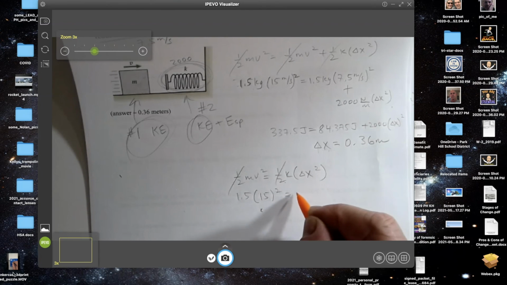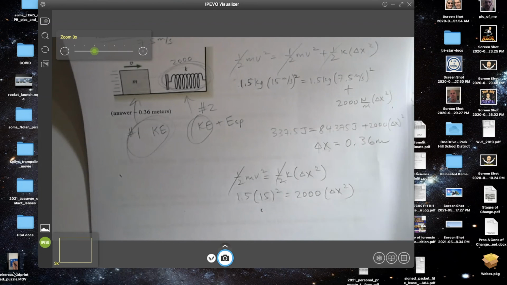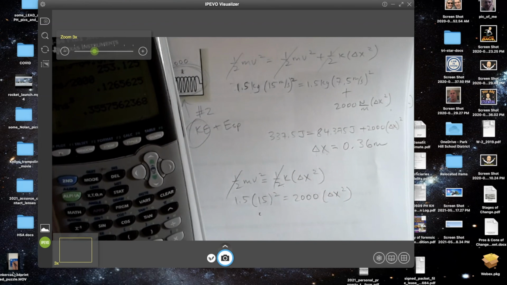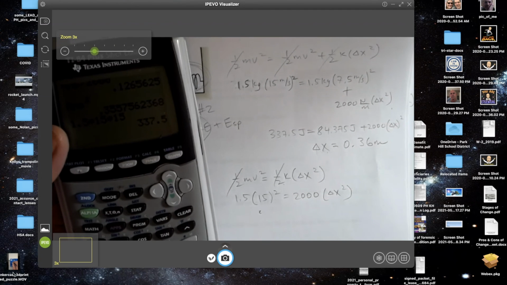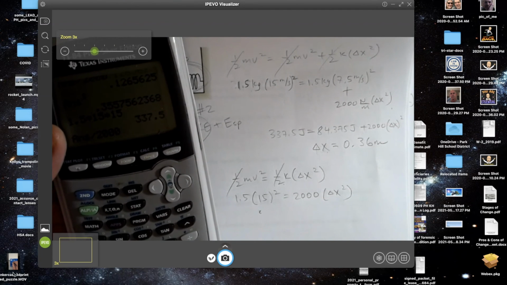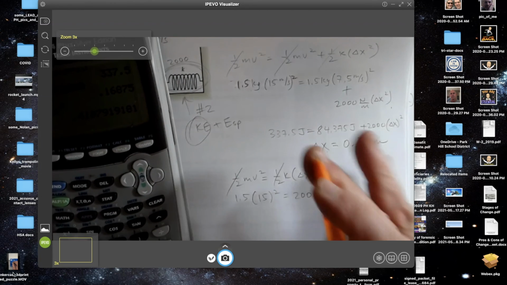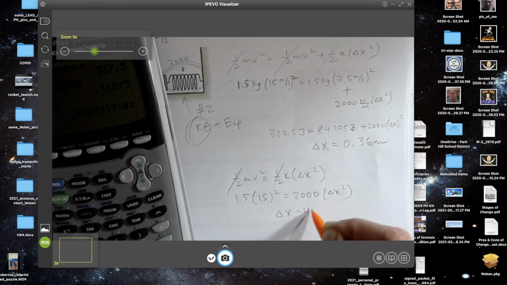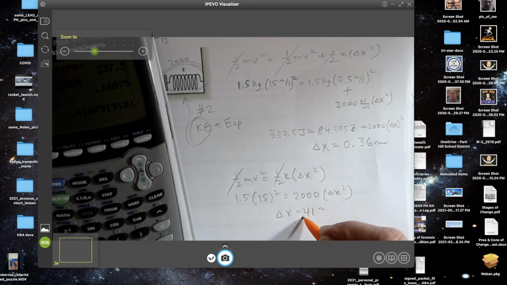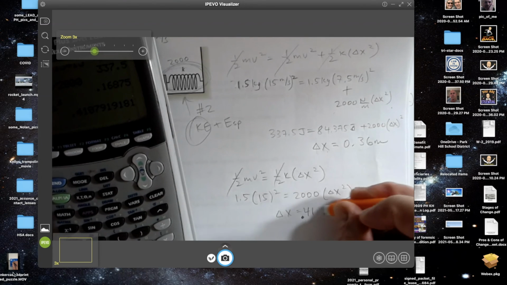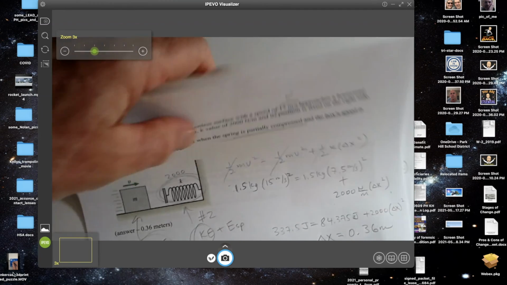I'm just going to leave the units out here this time. We would get 1.5 times 15 times 15, divide that by 2,000, take the square root. You get about 0.41 meters.